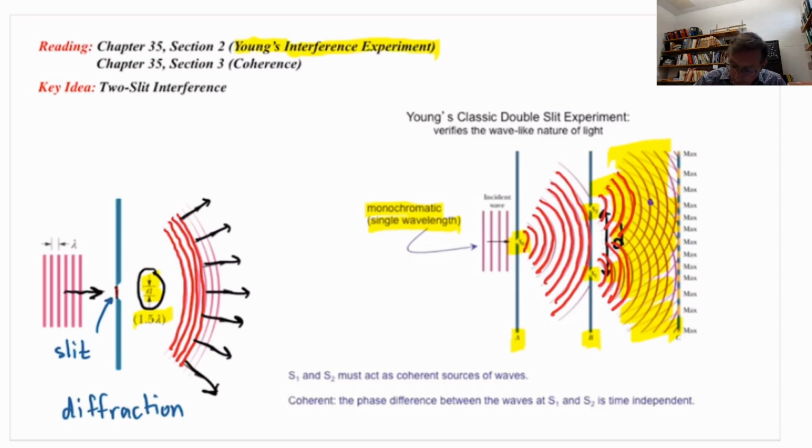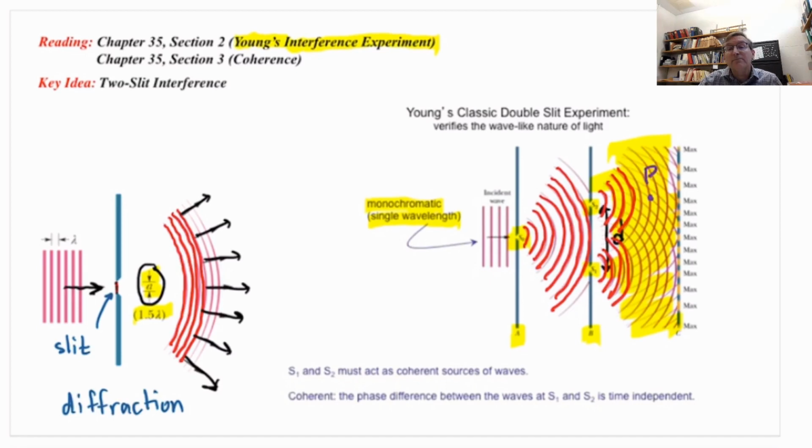Meaning, depending upon where this point P is, you could get fully constructive interference, where the two waves are lined up and you get a big amplitude. The light will then be bright. Fully destructive interference, where the waves are lined up crest to trough and you get no amplitude and it will be dark. Or something in between, intermediate interference.